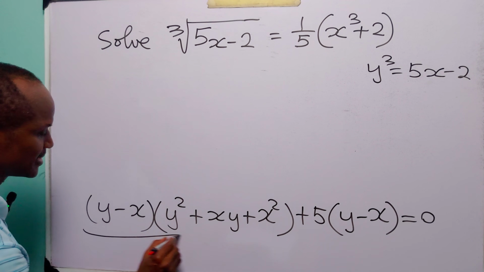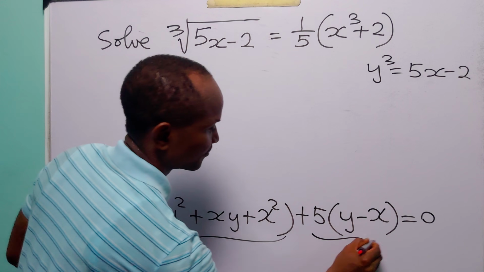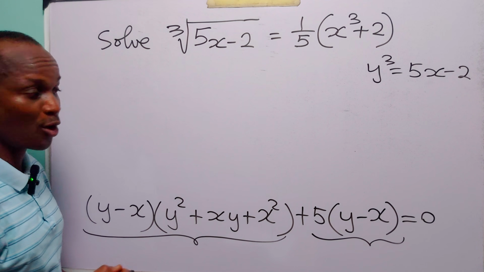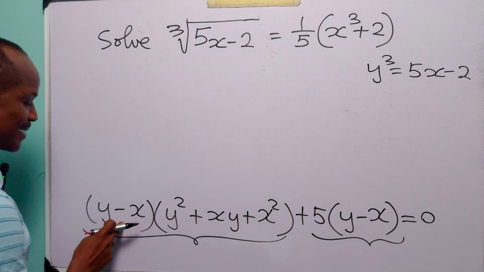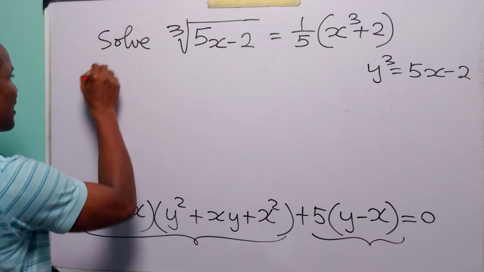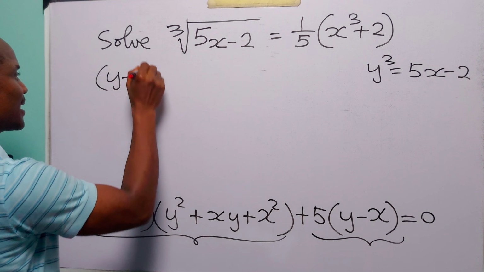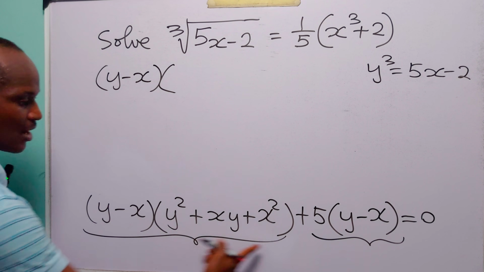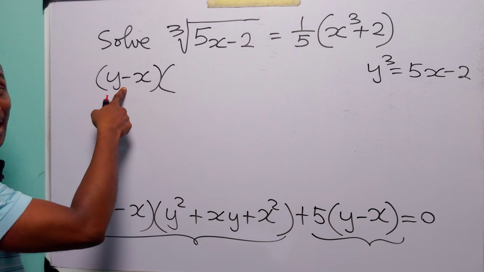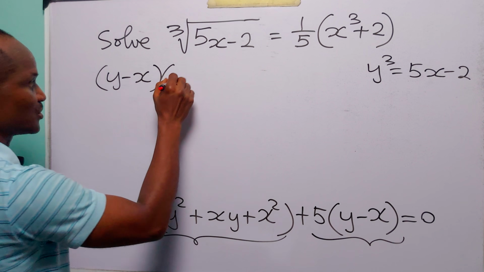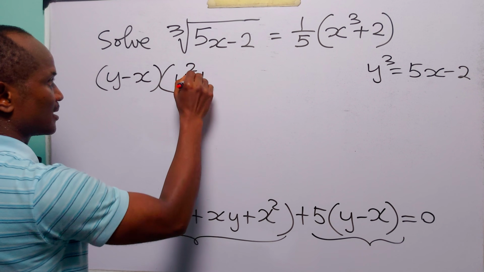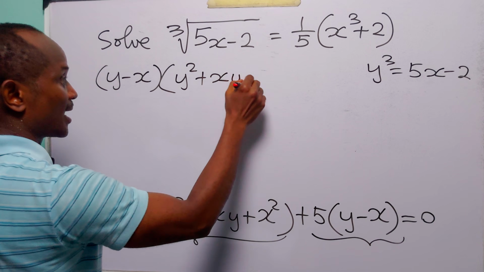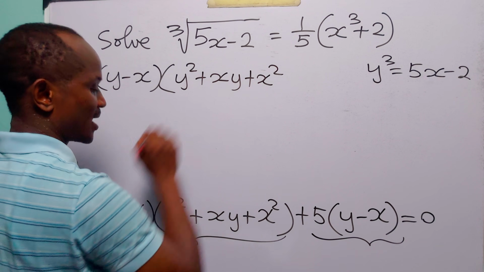Now when you look at these two terms, you are also going to see a common factor, y minus x. So we have y minus x into, now when we divide this by y minus x, of course we are left with y squared plus xy plus x squared.